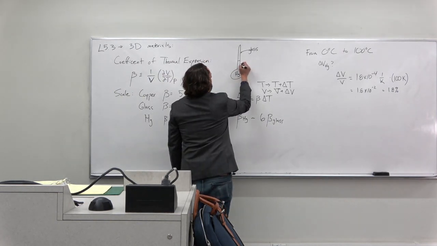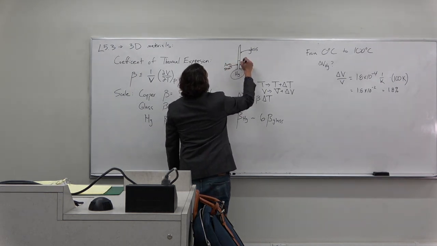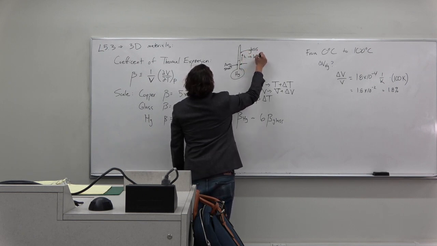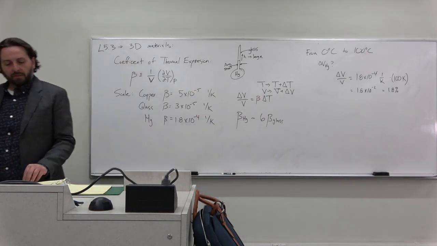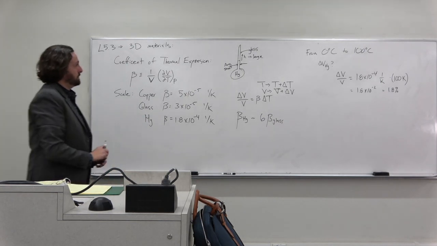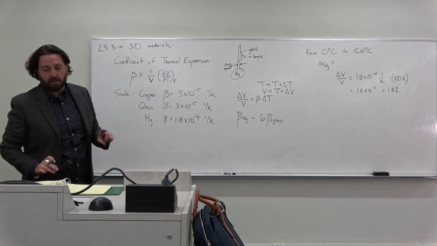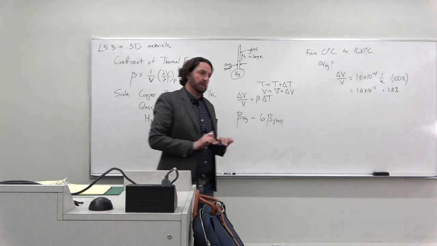So you want to keep the area small so that the height change could be large. So in some ways, it's a geometric amplifier of this volume change. Okay, so that's our coefficient of thermal expansion. I'm going to stop here, and we'll go on to the three-dimensional analog of our Young's modulus.